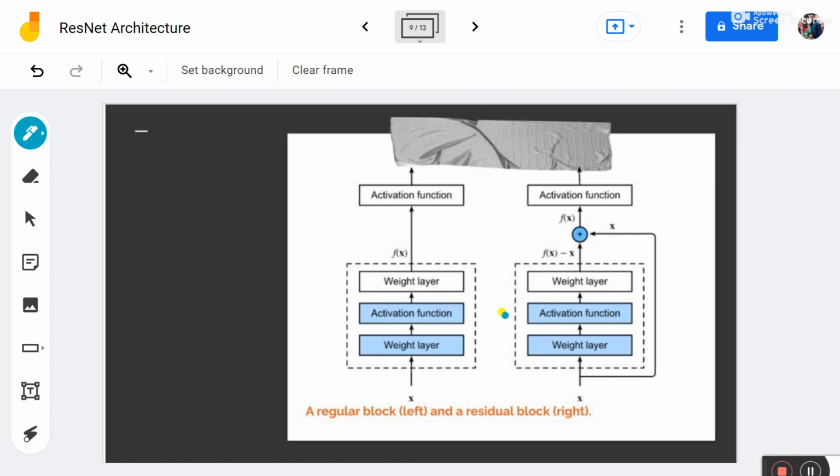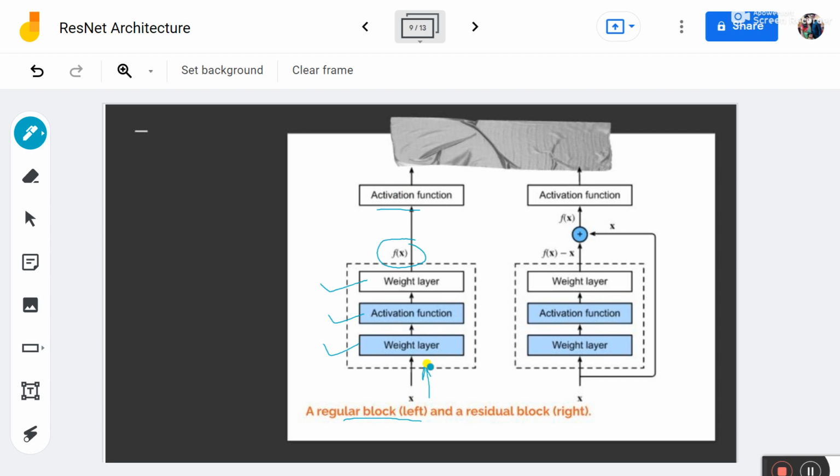All right, so what's the architecture, what's the difference? So a regular block, you can see in the left side, it's having activation function. Okay, we are having input over here, and then we are having weight layer, then we are having activation function, then we are having weight, and then we are having function.